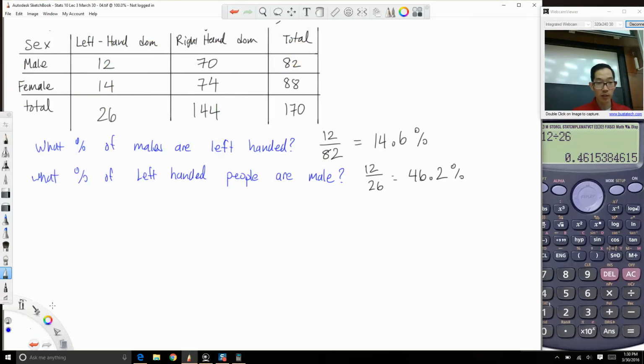Okay. And this is further different from what percent of all students in the class are left-handed and male.